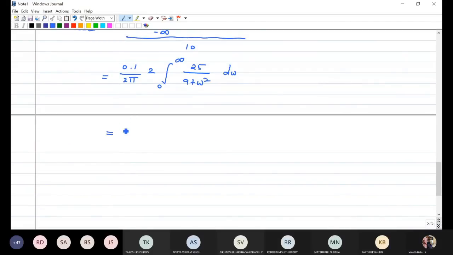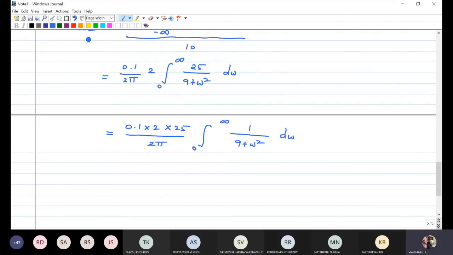So you have 0.1 into 2 into 25 divided by 2 pi integral 0 to infinity 1 over 9 plus omega square d omega. I want to use a trigonometric relationship.